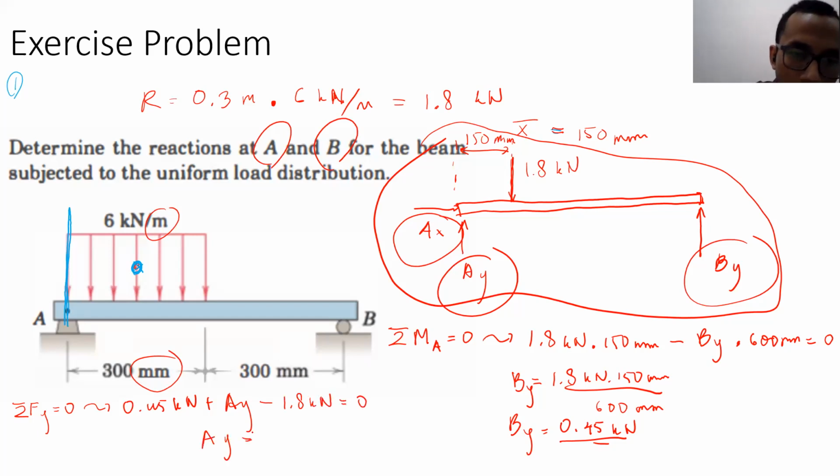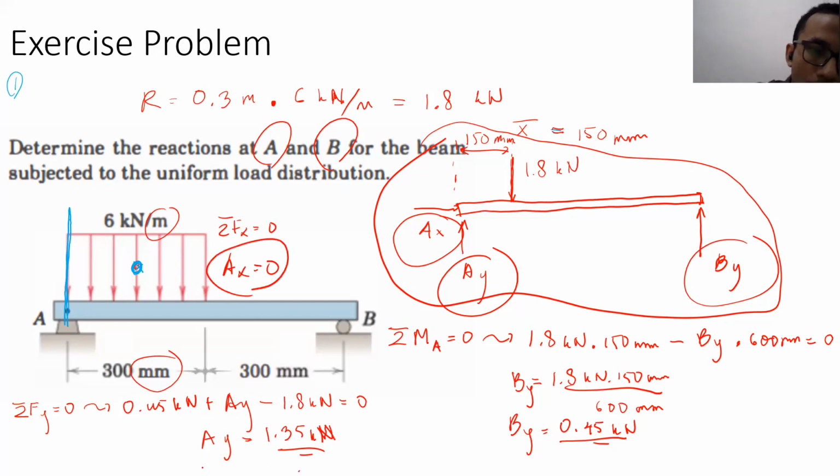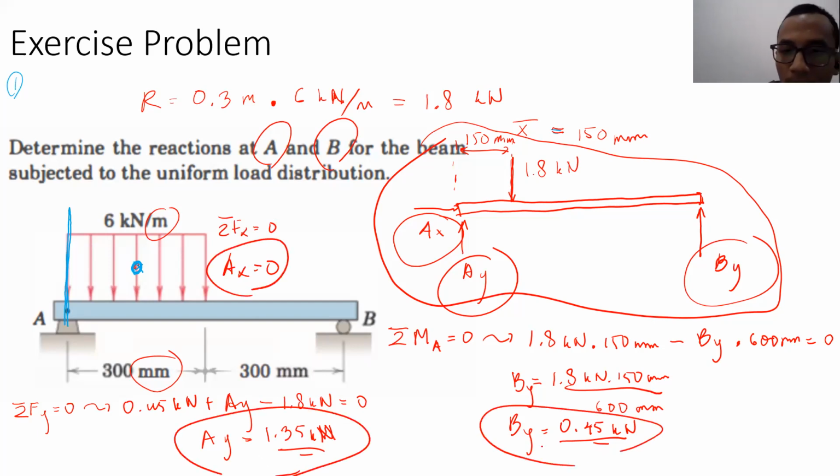Then Ay is supposed to be 1.8 kilonewton minus 0.45. Then the last one is using sigma Fx equals 0, so what you will have is Ax equals 0. So this is all of the external forces that you have.